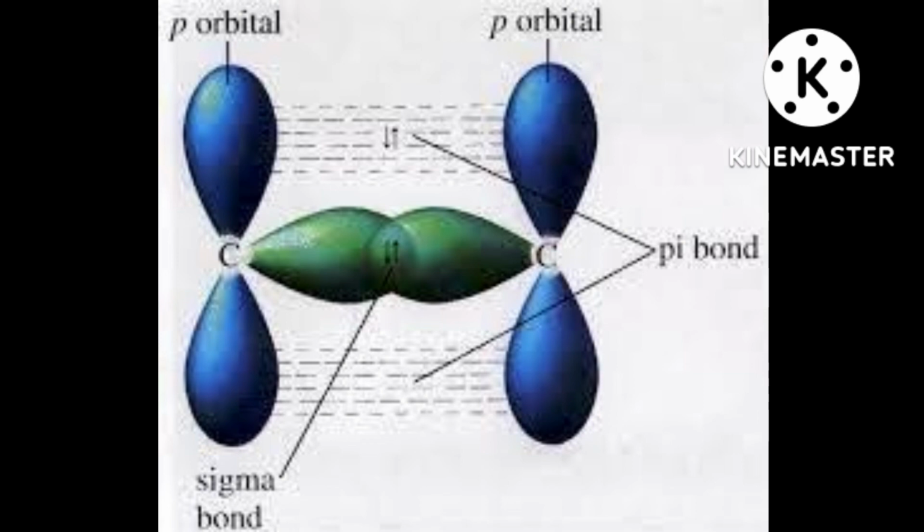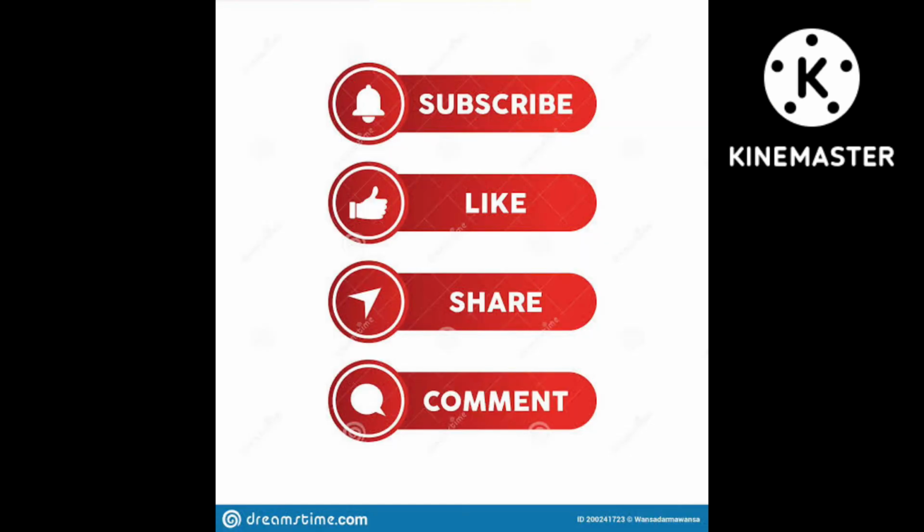Just as I told you, why the CH4 molecule has a tetrahedral shape and the H-C-H bond angles are 109.5 degrees, this type of explanation is given by valence bond theory.